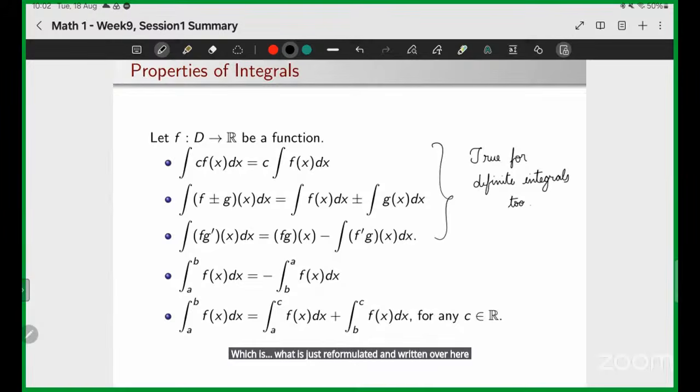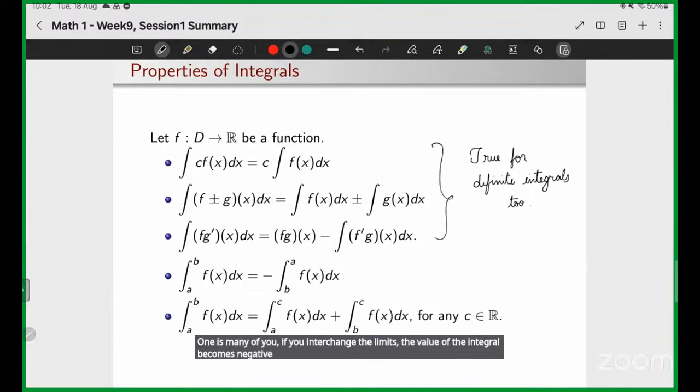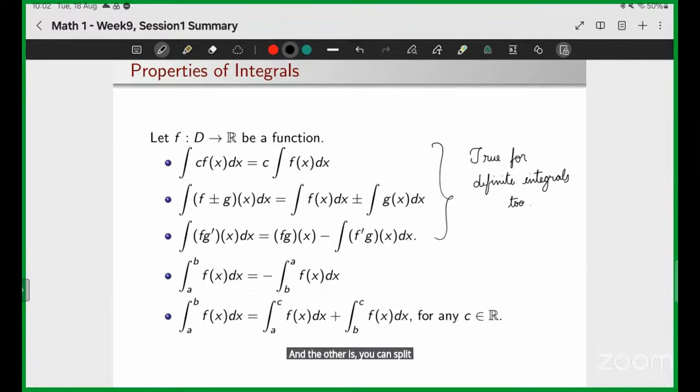Right. And then there are some other properties. One is when you interchange the limits, the value of the integral becomes negative. And the other is you can split the integral. Okay, it should be C to B. Sorry, just typing that.